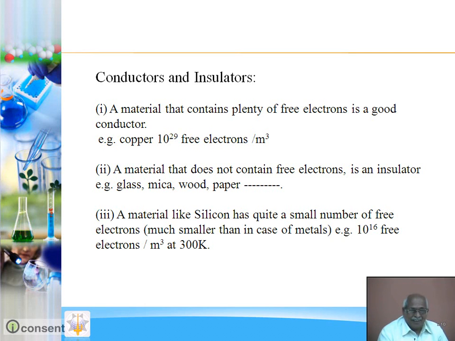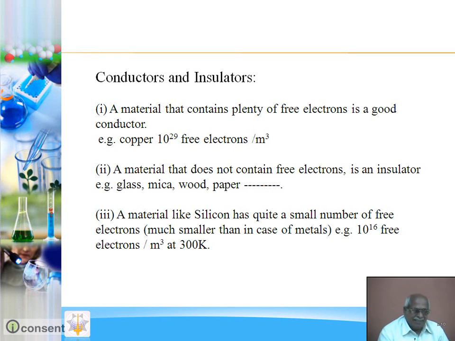So what is the difference between conductors and insulators? Any material that contains plenty of free electrons, ocean of free electrons, is a good conductor. A material that does not contain free electrons is an insulator. Of course, there are some other materials like silicon which are neither a good conductor nor bad conductor.